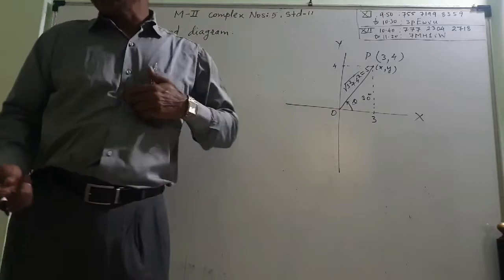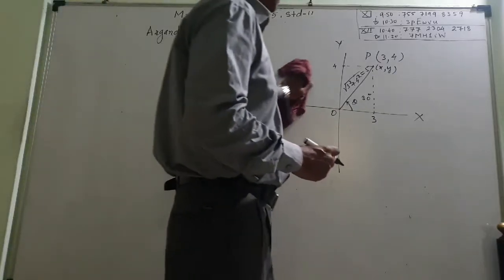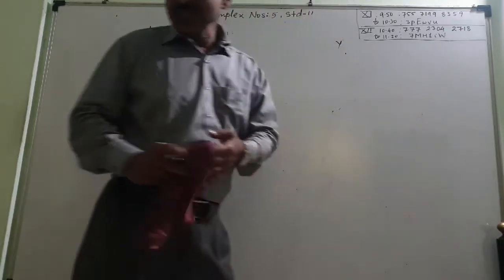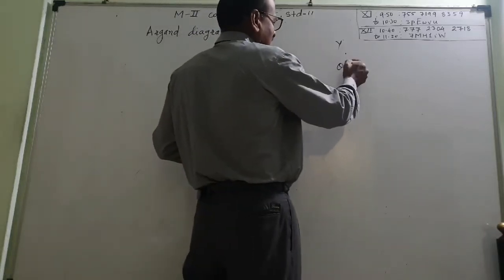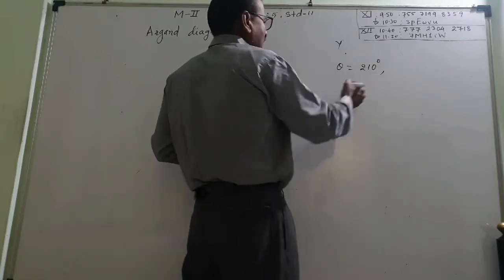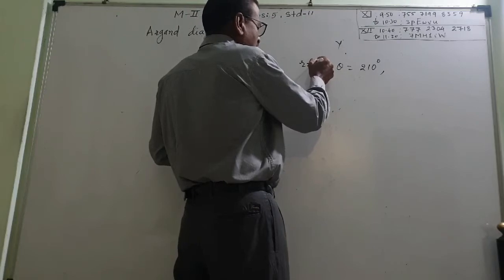So this also is the way how you can find the position of that point in the plane. If suppose another question I have been given is like this, the angle made with x-axis theta is equal to 210 degree and r is equal to 4.